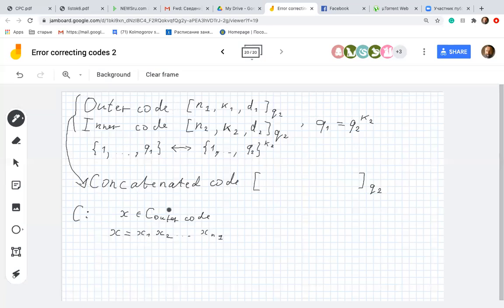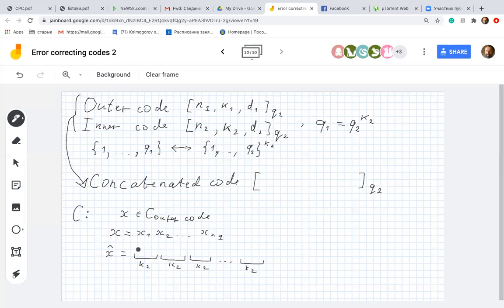Then, using this one-to-one correspondence, replace each xi by a word of length K2, and call the resulting word x hat. So we replace each xi by K2 symbols of the smaller alphabet. Instead of letters, we have blocks of K2 letters of the smaller alphabet.